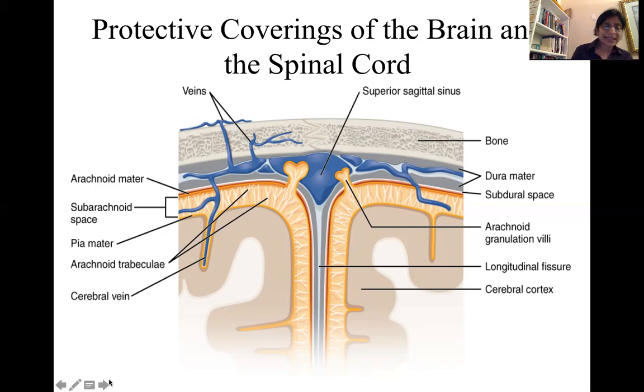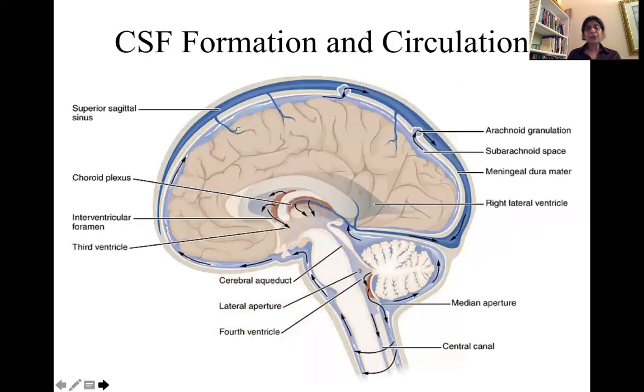Okay, with these details, let's switch our focus to talk about the cerebrospinal fluid, where it's formed, what it does, and how it circulates or is removed from the body. In this view, we can still see quite a few things. You're looking at the spaces we have already looked at.